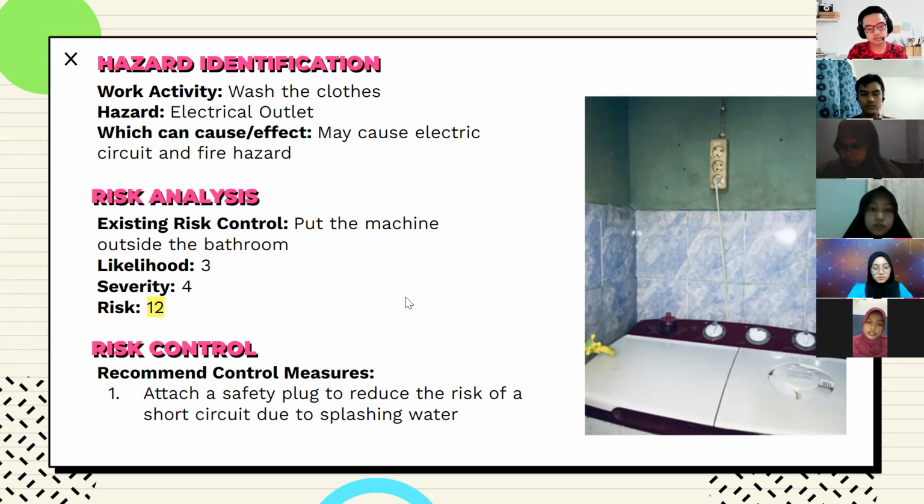Likelihood 3, severity 4, and risk 12. It's medium. Recommended control measure is to attach a safety plug to reduce the risk of a short circuit due to splashing water.